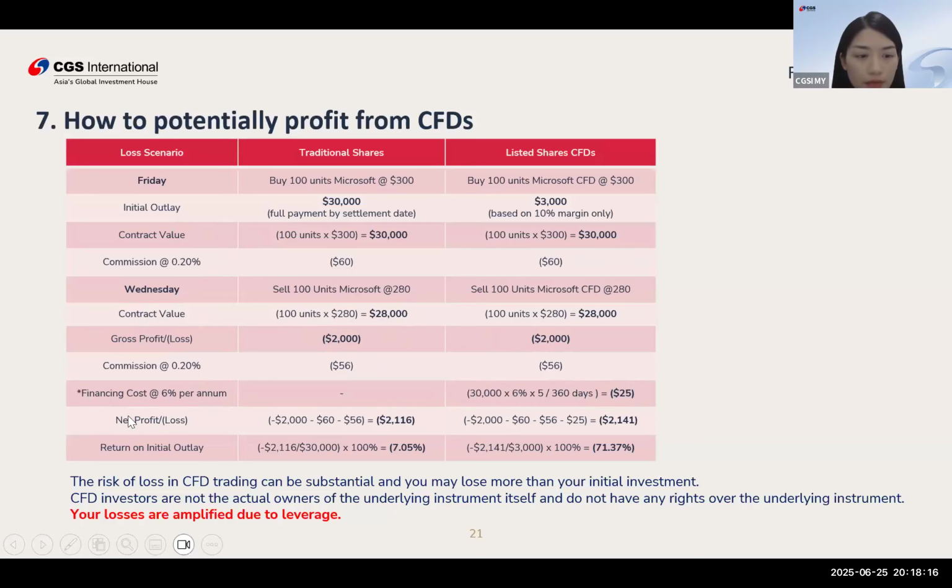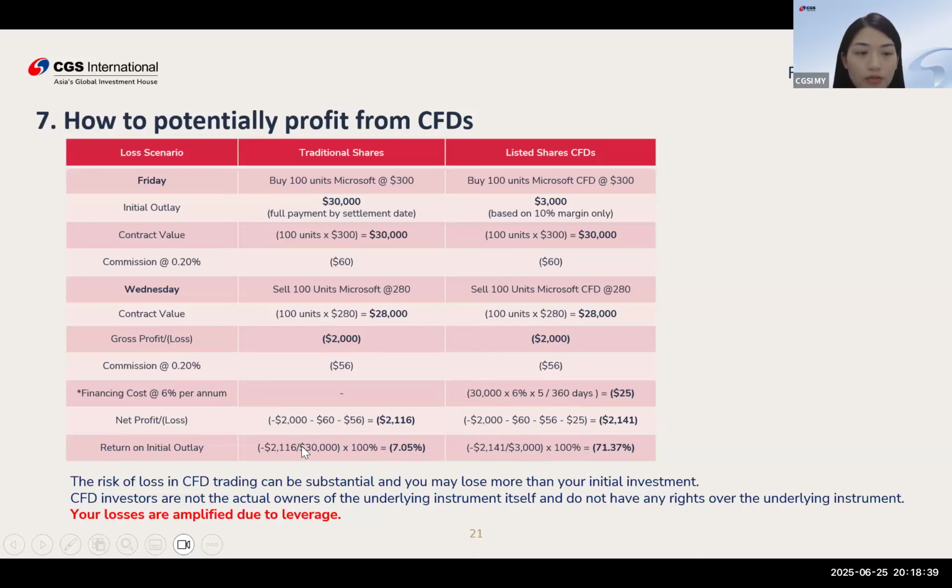Now, when you come to the net loss, you can see that you are losing 2,116 versus 2,141, which is not that much of a difference. But on the return on initial outlay part, you see that the return is 7% versus 71%. This is also because of the initial outlay that you are paying out.